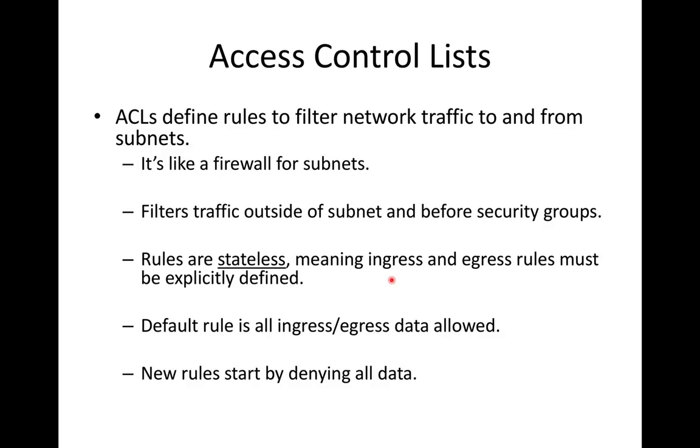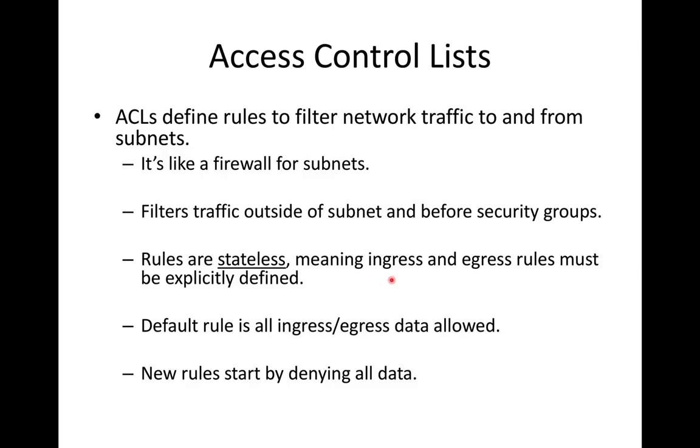Within a VPC, we also have another mechanism for filtering network traffic. And this is network traffic that is going to and from the subnets within the VPC. We can create specific access control lists, which filter the traffic outside of the subnet. This is traffic coming into the VPC that's trying to enter a subnet, and it's before the security groups.